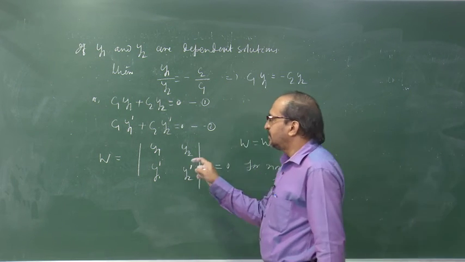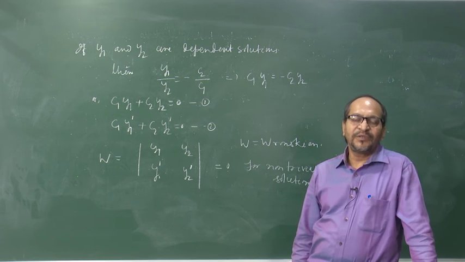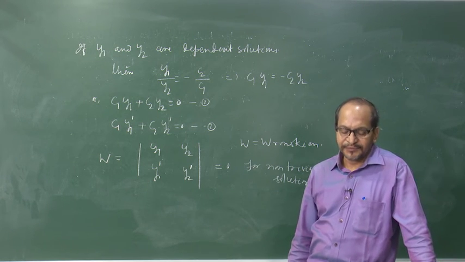And if this Wronskian is not 0, then we will say that they are linearly independent.